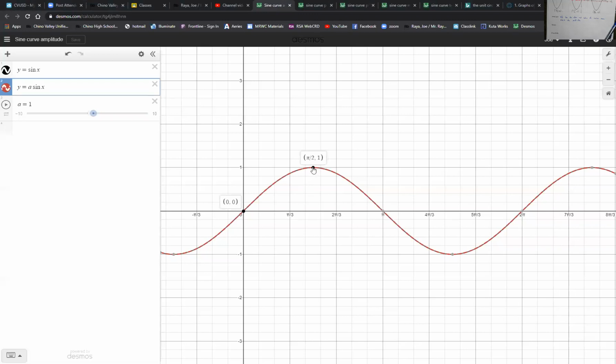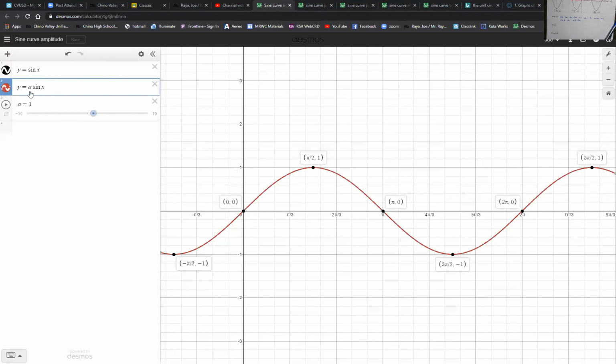It reaches its maximum at pi/2, where it reaches 1. At pi, it's 0. At 3 pi/2, it hits -1. At 2 pi, it's back to 0. Then 5 pi/2, and so forth. That is the standard sine curve. It has an amplitude of 1. This is y equals sine x, amplitude of 1, because a, the number in front of the sine curve, is 1.